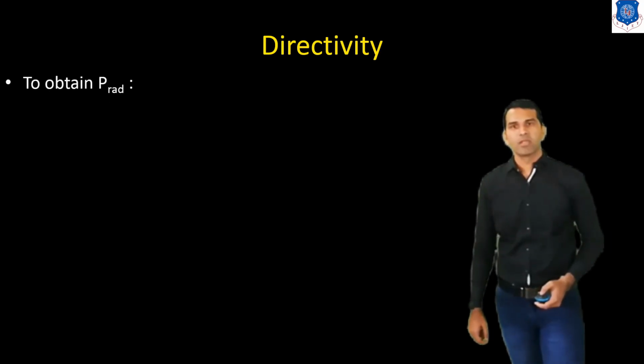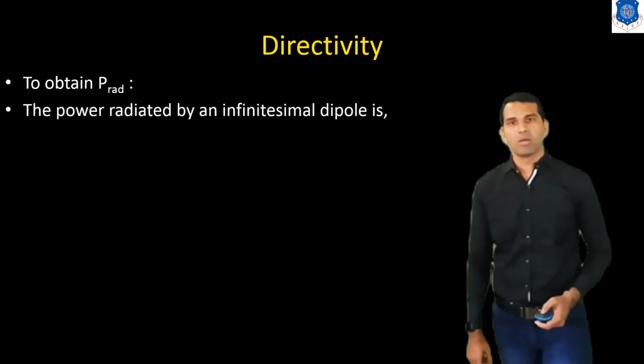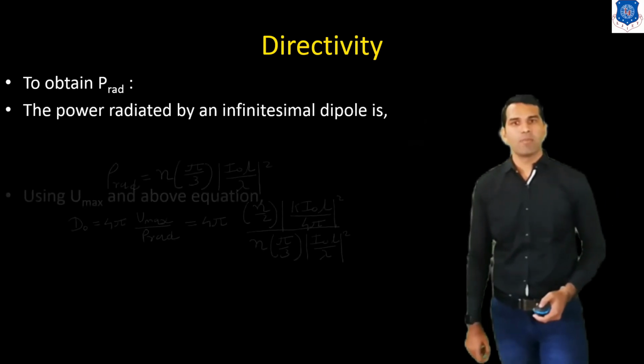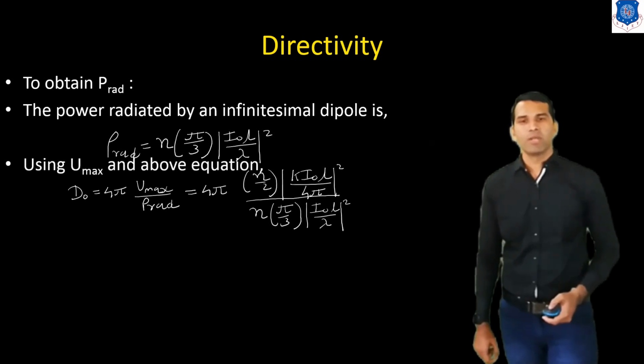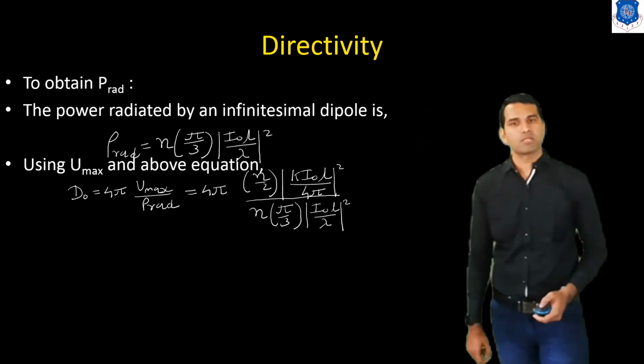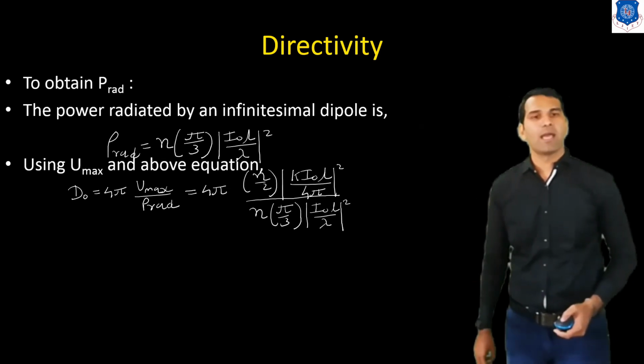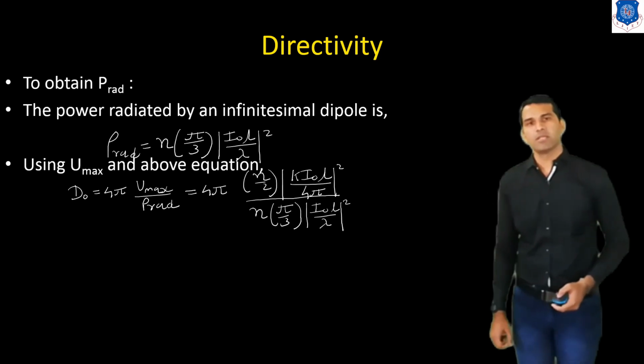Similarly, we have to use the radiated power. For the power radiated by the infinitesimal dipole, we have P radiate is equal to eta pi by 3 (I0 L upon lambda) square. So we have the equations for the power radiated and the maximum intensity U maximum.